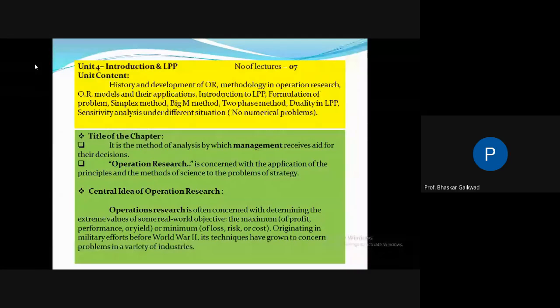In the next lecture, actually, problems are going to be solved. Those problems are very simple if you try to understand. If you are not able to understand, then it is too critical.